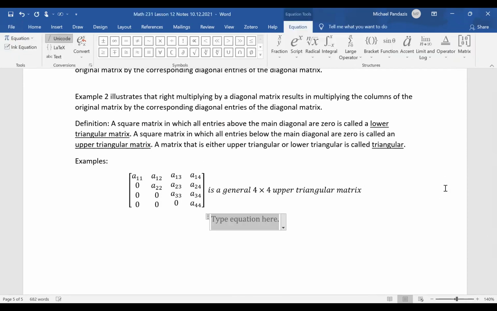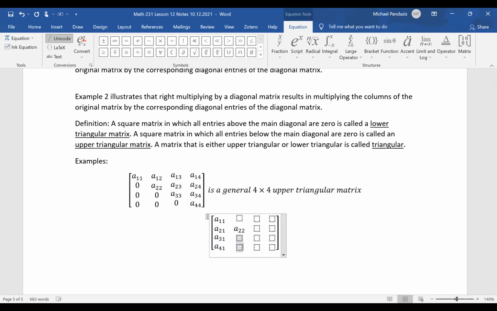Okay, so now I'm going to do another 4x4 matrix. So now we're going to have A11, A21, A31, and A41.